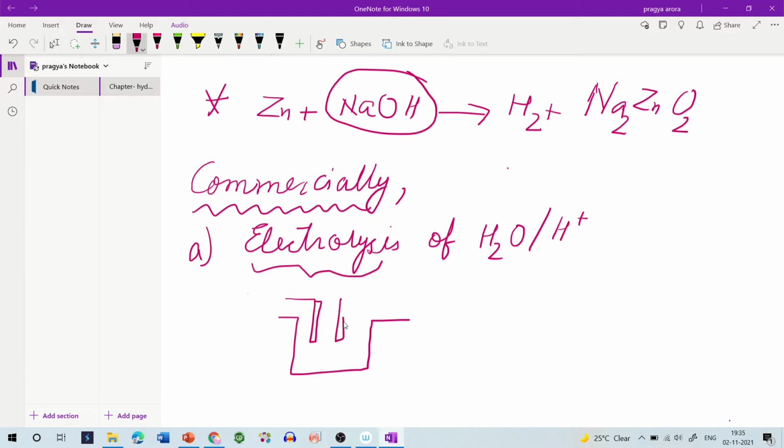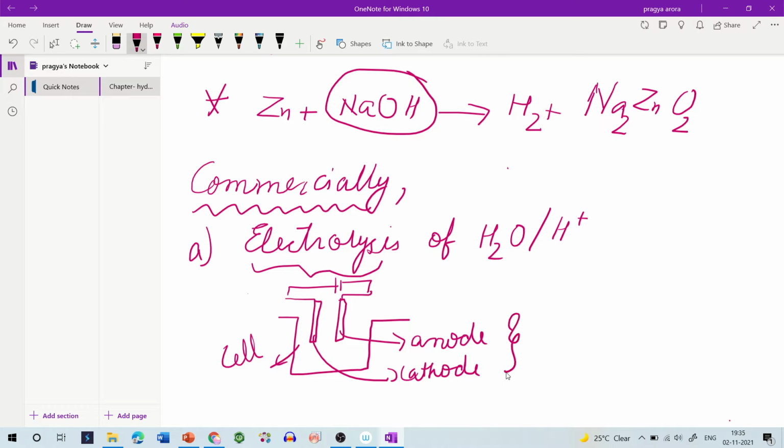One is cathode and one is anode. So these are the two electrodes, and this is the electrolytic cell. For this process, these electrodes are of platinum.